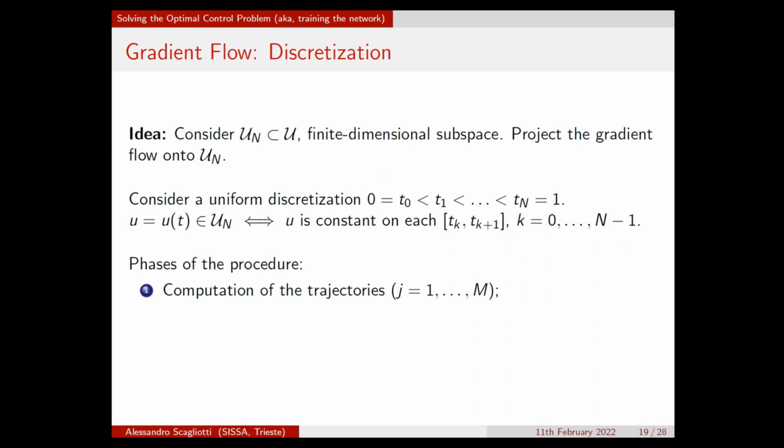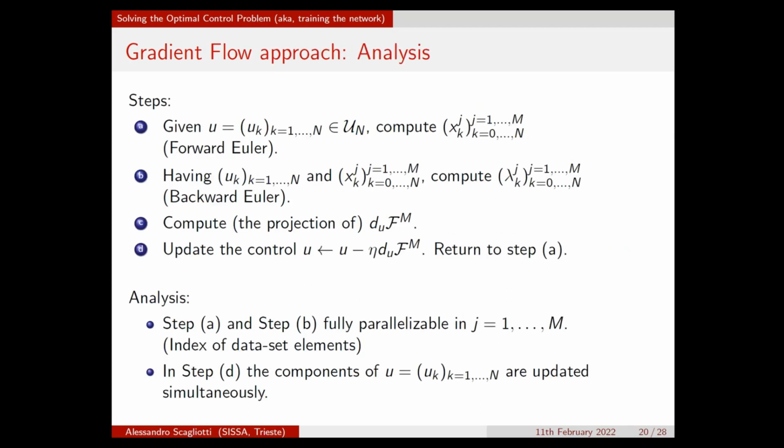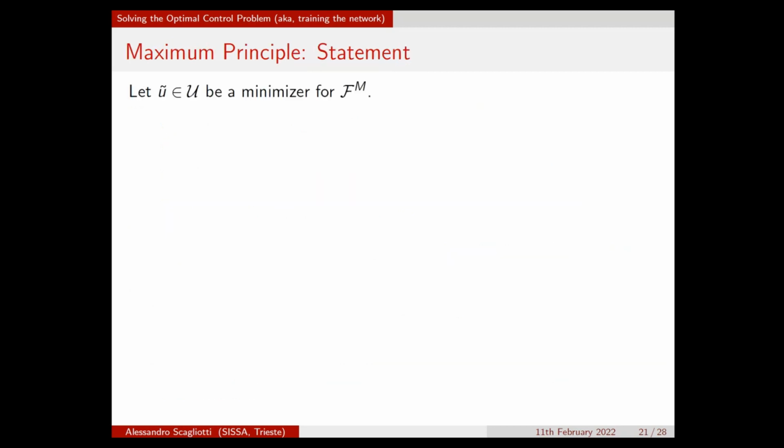In the first phase, we perform the computation of the trajectories. In the second phase, we perform the computation of the adjoint variables. And finally, we perform the update of the controls. Okay. So now this is a technical slide, in case there will be some detailed question regarding this algorithm.